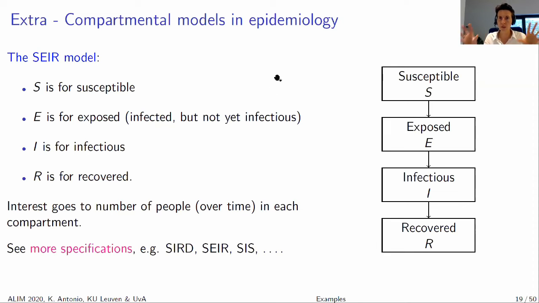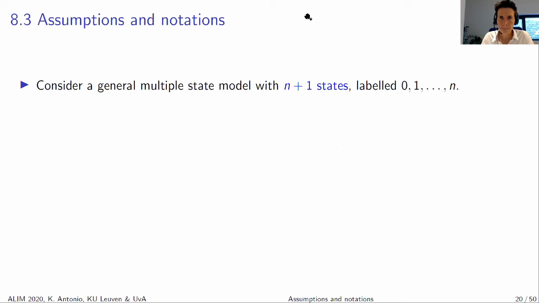So it's all about designing suitable states and defining the possible transitions between these states. So here we have a nice analogy between the disease models which are currently used to model COVID-19 infections and the tools that are used in actuarial science.